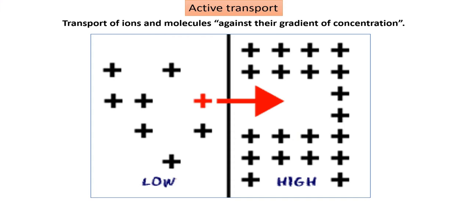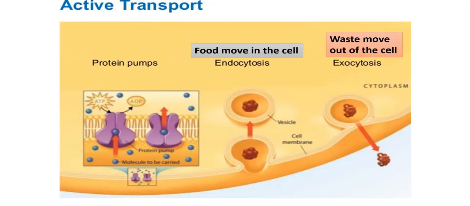So again, active transport is when we're moving molecules and ions against the concentration gradient, which is shown here, from low concentration to an area of high concentration. An example of active transport, again, is protein pumps like this purple one, which moves, for example, sodium and potassium, but also food molecules move through this.